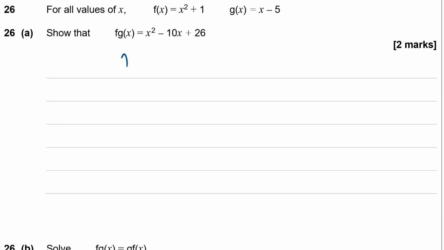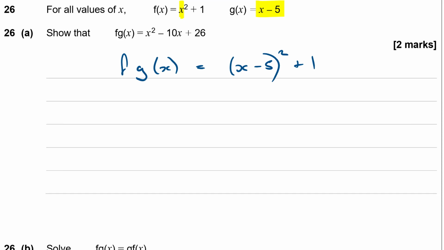Now, f of g of x means take g of x and put it inside f of x, which basically means wherever I see x in my f of x expression, I need to replace it with that expression. So I'm going to take my x squared plus 1 and insert x minus 5 in where I see the x.